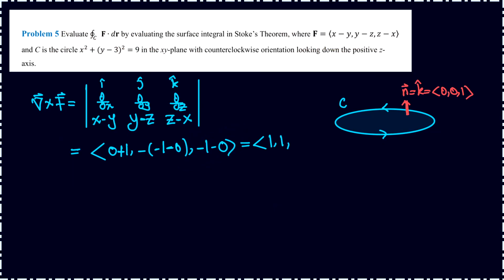Okay, so for the last component, the derivative with respect to x of y minus z, which is 0, minus the derivative of x minus y with respect to y, which would be negative 1. So let me make a correction. That should be 0 minus minus 1 or 0 plus 1, resulting in a curl of 1, 1, 1.